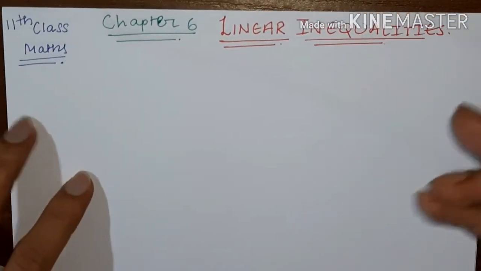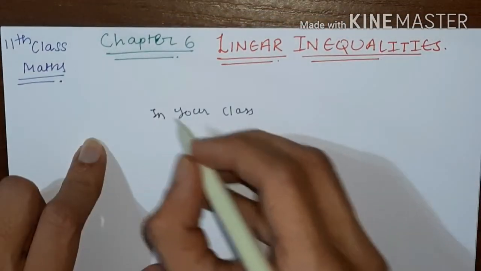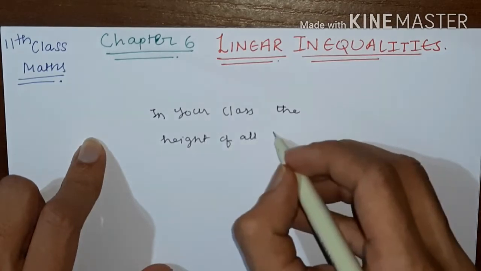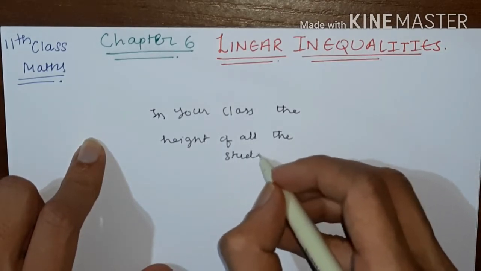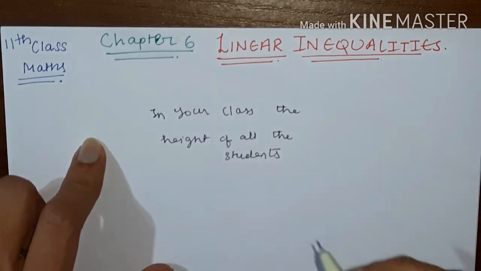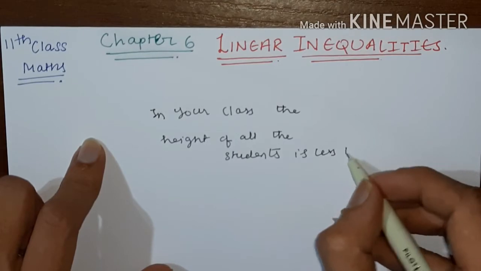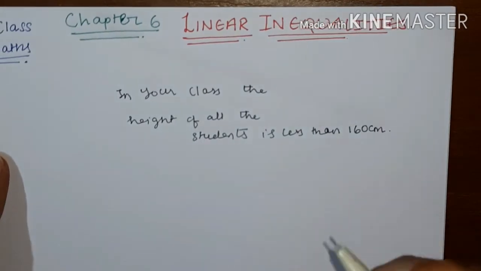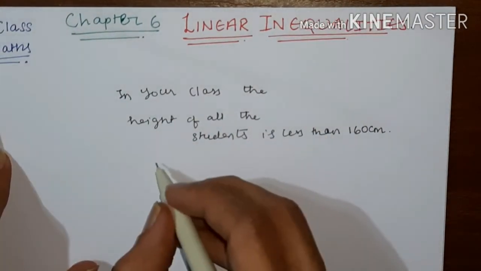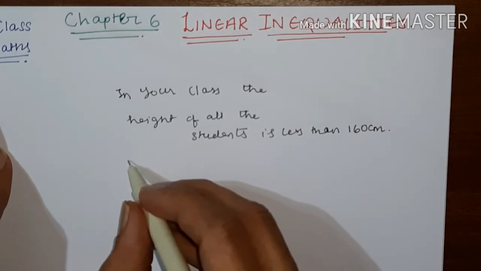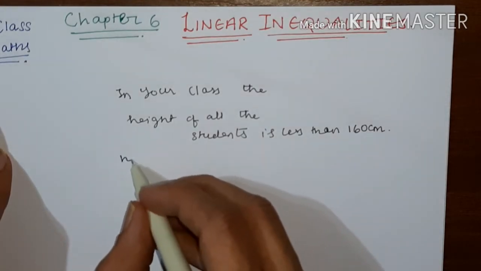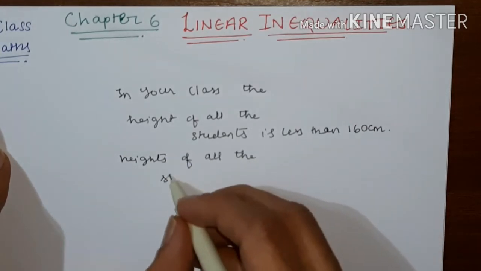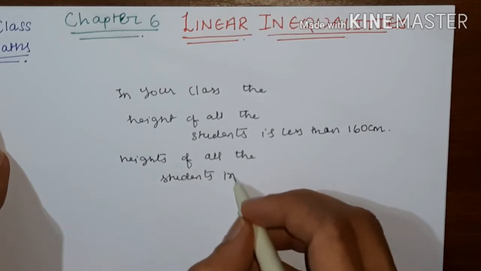In your daily life, you come across examples like, in your class, the height of all the students is less than 160 centimeters. How can we write this in math? We can write it as: height of all the students in your class is less than 160.